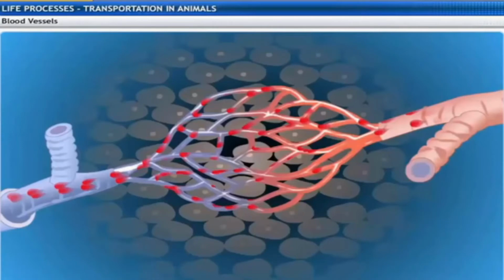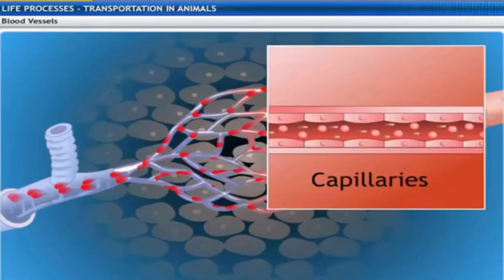On reaching an organ or tissue, the artery divides into smaller vessels so that the blood can reach each individual cell. The smallest vessels have walls which are 1 cell thick and are called capillaries.